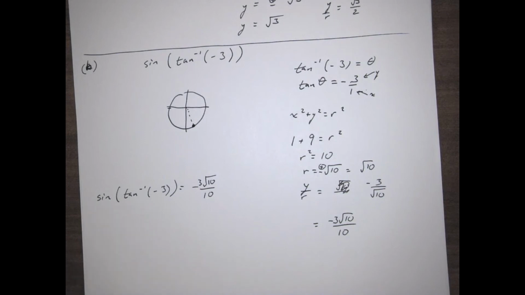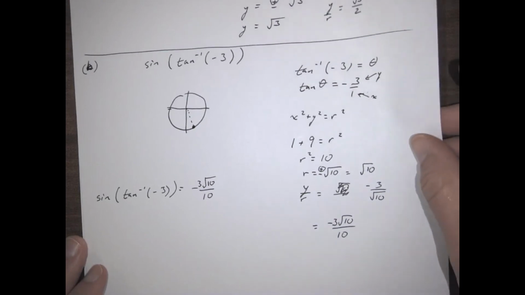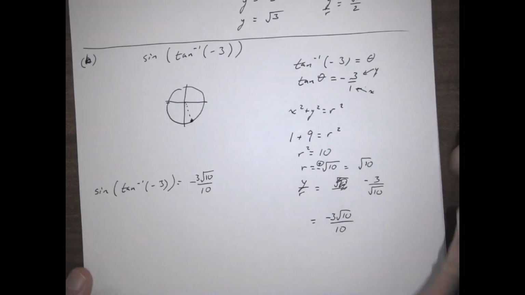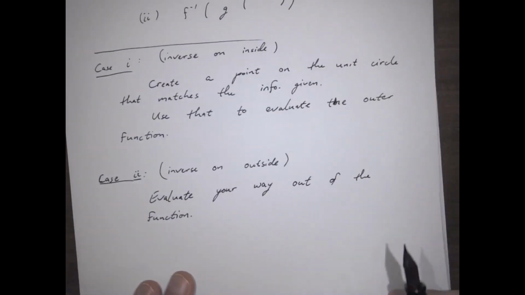So that's how you do it. These are both case 1. So case 1, you start by just plotting a point on a circle, and then try to work it out from the inside out. I said unit circle right here.